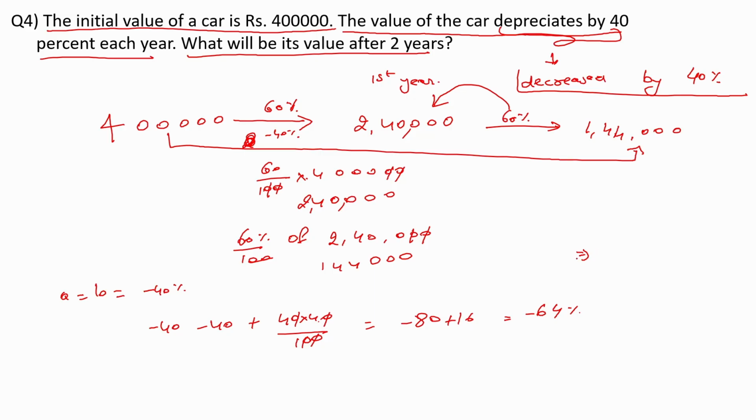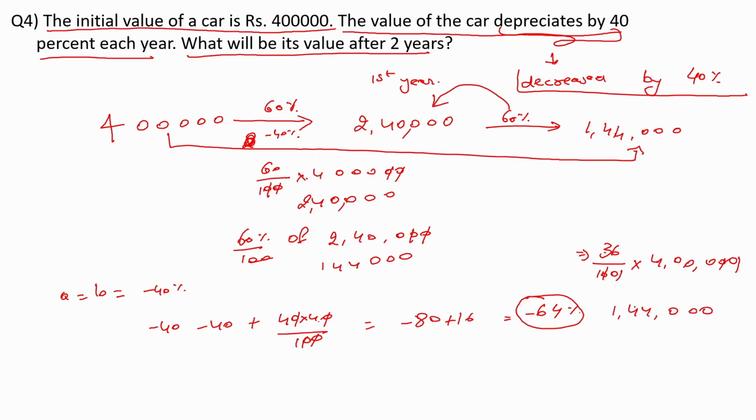So if the value of the car depreciates by 64%, I would be left with 36%. So in order to find the value of the car after 2 years, I would be finding 36% of 4 lakhs. 36 into 4 gives me 144 into 1000. 144,000.